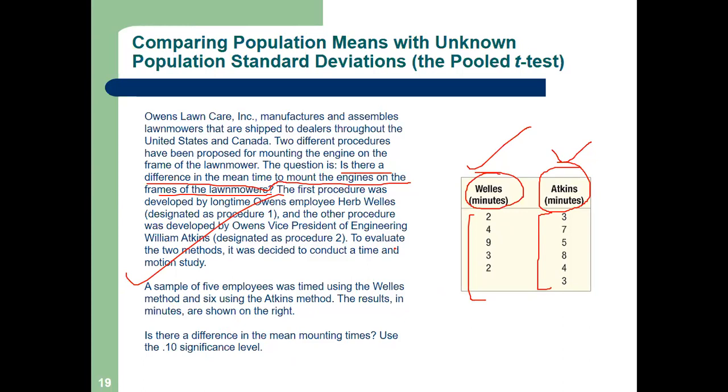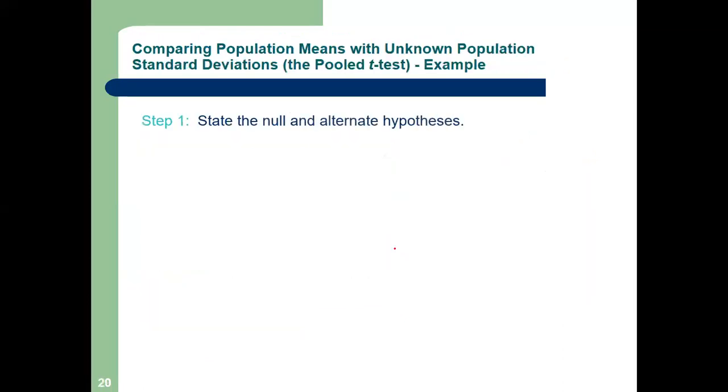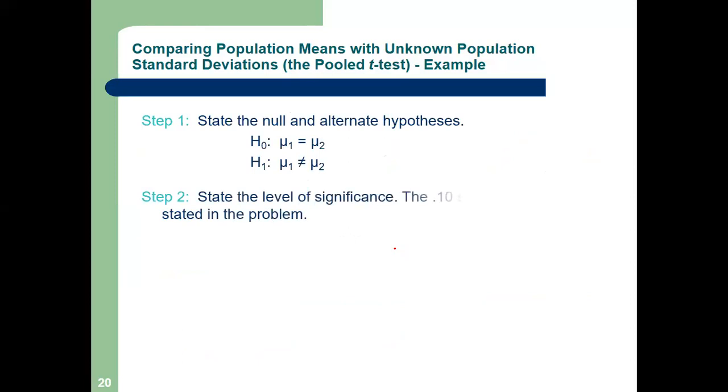What will be the hypothesis? Null and alternate. The mean mounting times are equal is the null. The mean mounting times are unequal, that is my alternate hypothesis. Alpha is given as 0.1 in the problem.